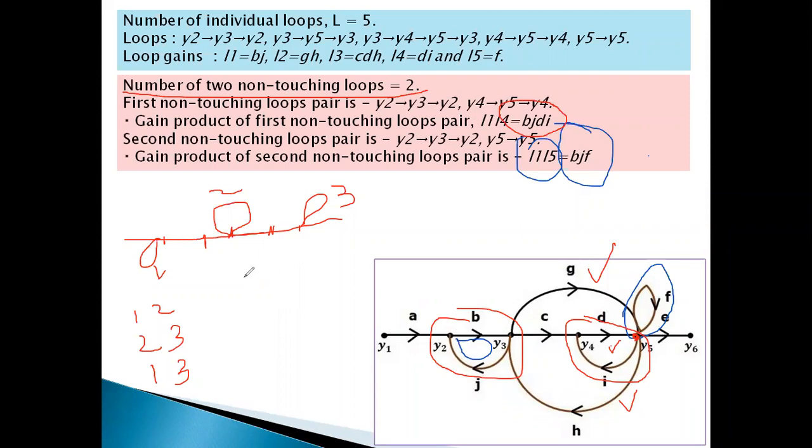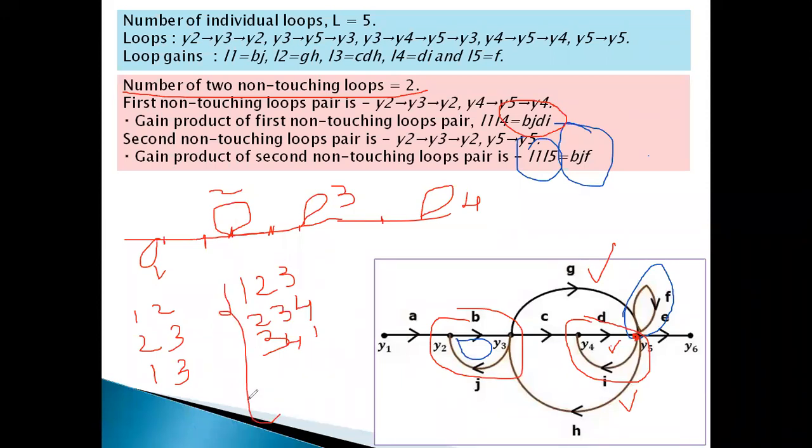Three non-touching loops means 1, 2, 3. They are not in contact with each other. We can take it as three non-touching loops. For example, if a fourth one is also somewhere here, in that case 1, 2, 3 is one combination, 2, 3, 4 is another combination, 3, 4, 1 is one more combination. Like that, we have to write all possible combinations.